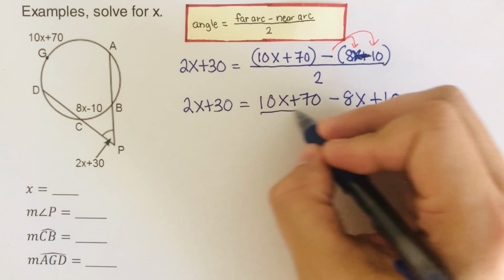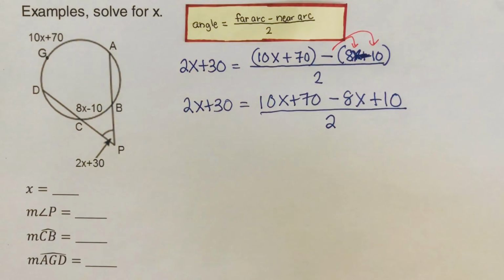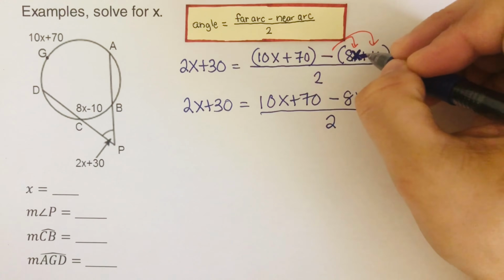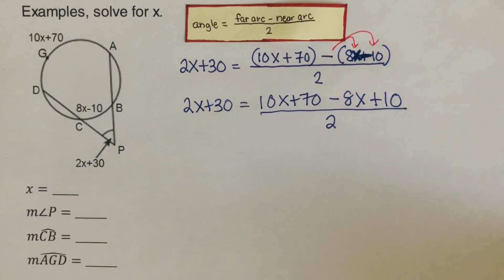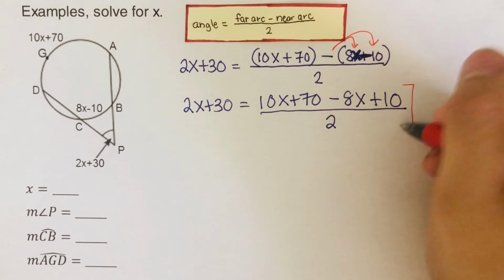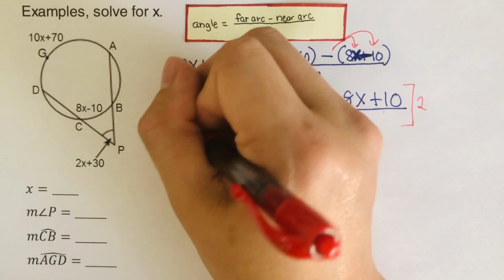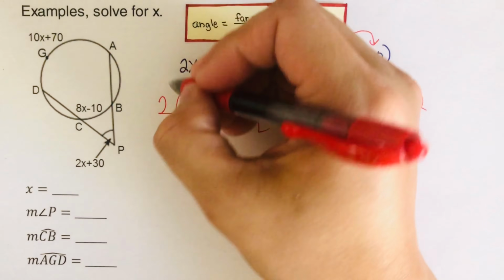So then we divide this by 2 here. So we multiply both sides by 2 to get rid of the 2 in the denominator. Then we distribute the 2 here.